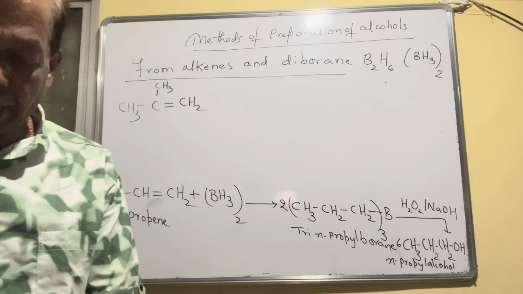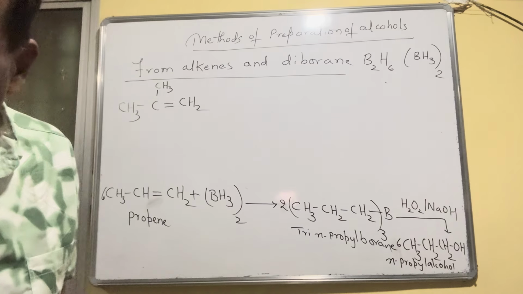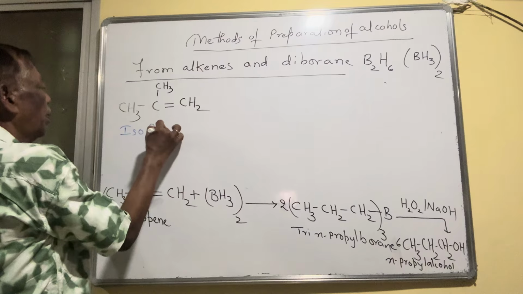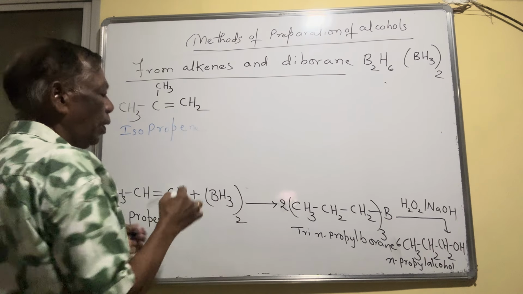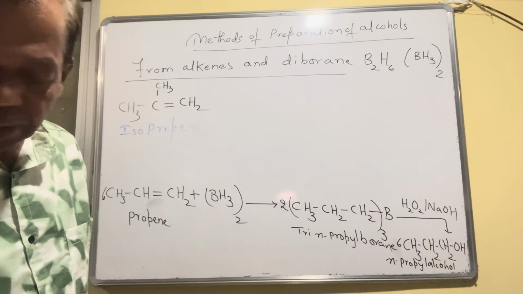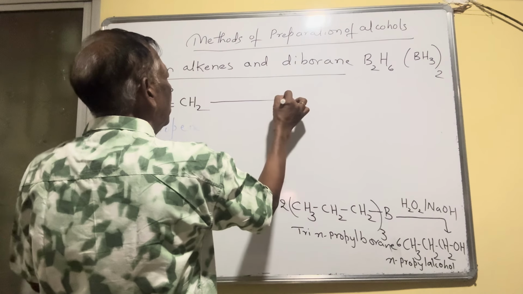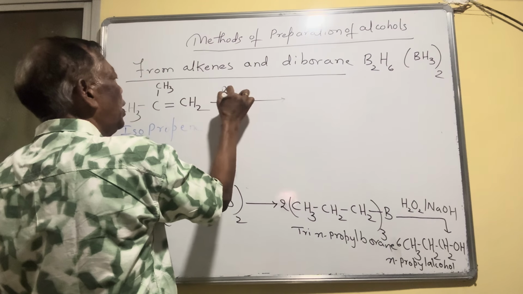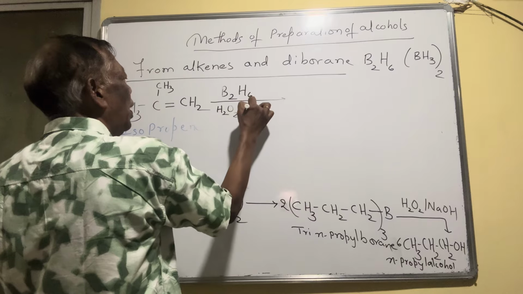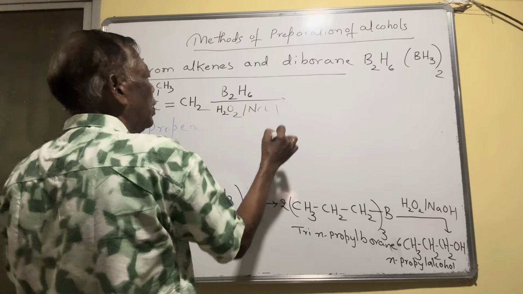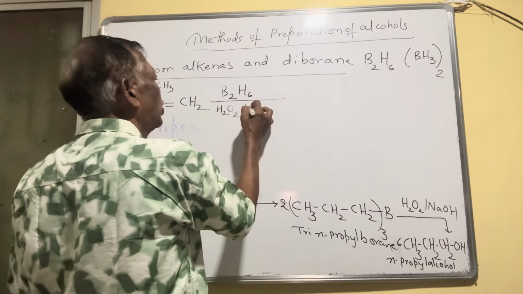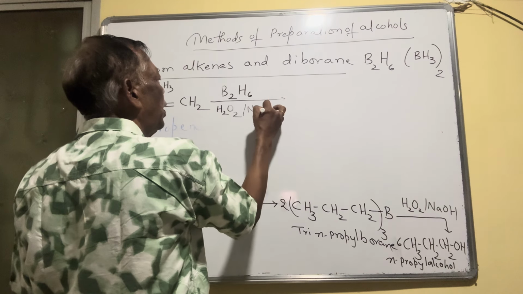If you treat this isopropene with diborane, we can write this reaction in a shortcut method also: diborane B2H6, hydrogen peroxide and NaOH. This is hydroboration, oxidation, NaOH.